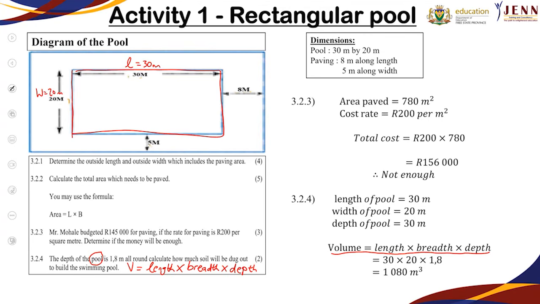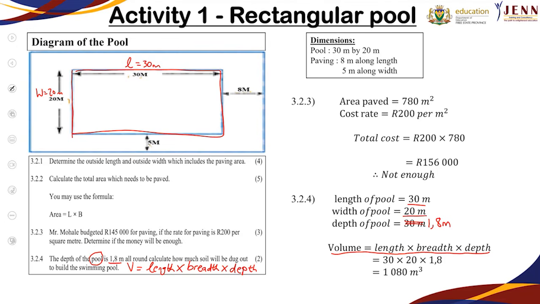Now, they gave us another dimension, which is the depth, and they indicated that the depth is 1.8 meter. So there we go. Length is 30 meter, width 20 meter. And then, sorry about that, this is a mistake. It's supposed to be 1.8 meter. Okay.